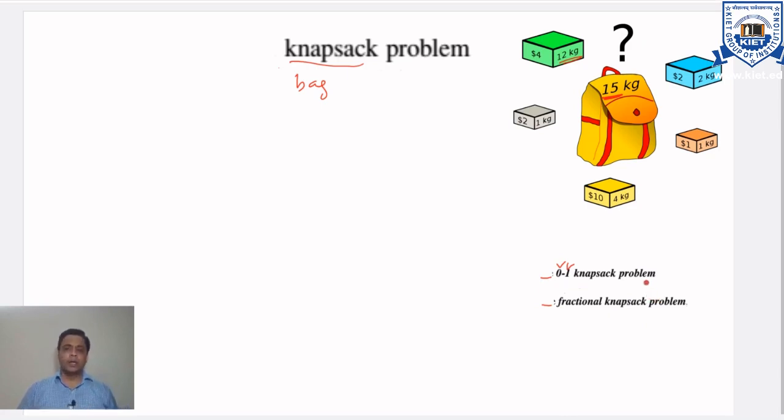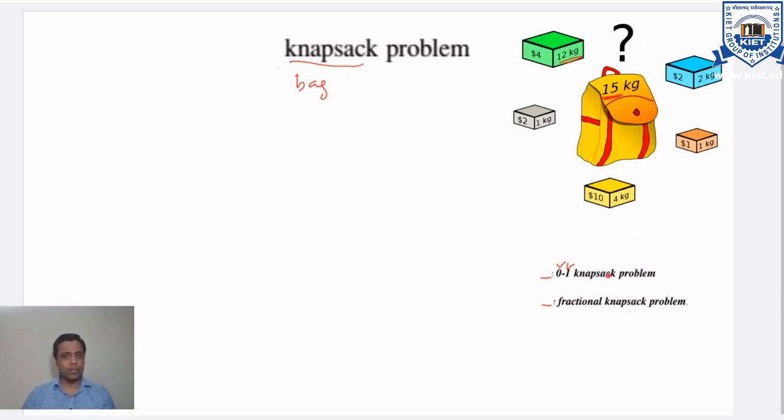Now for the 0-1 knapsack problem, if you pick the greedy approach, what the greedy approach says is, whatever seems to be beneficial for the time being, just pick that item. If you follow this approach, this is just a heuristic: whichever item has the highest cost, just pick that one.